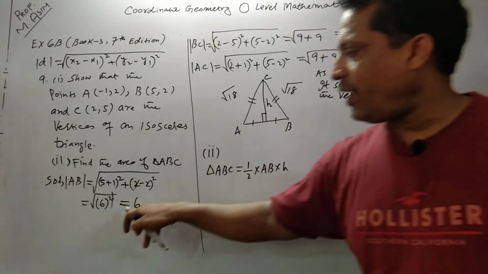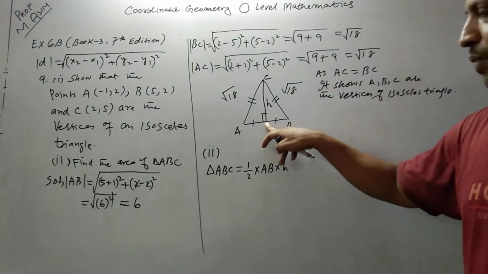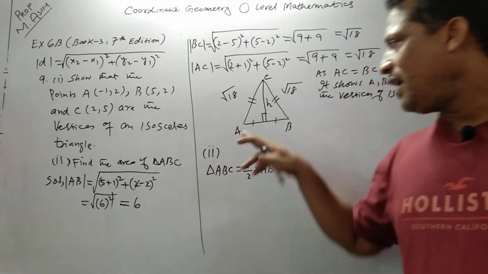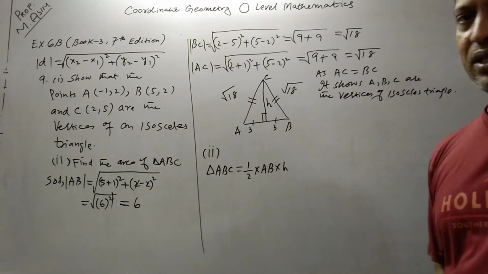See, what is the value of AB? 6, which we have already found. So this perpendicular bisects, means equally divides 6. So means 3 on this side, 3 on this side.